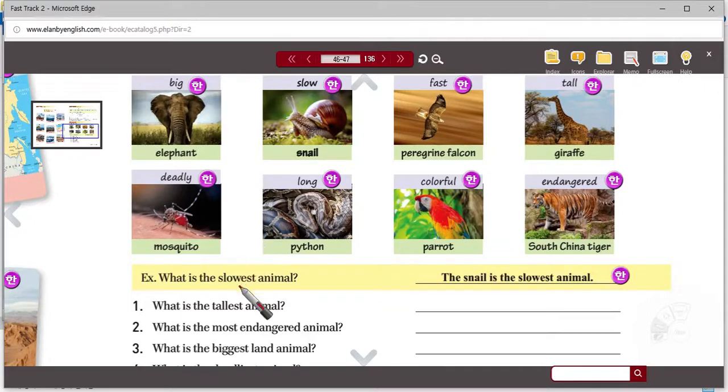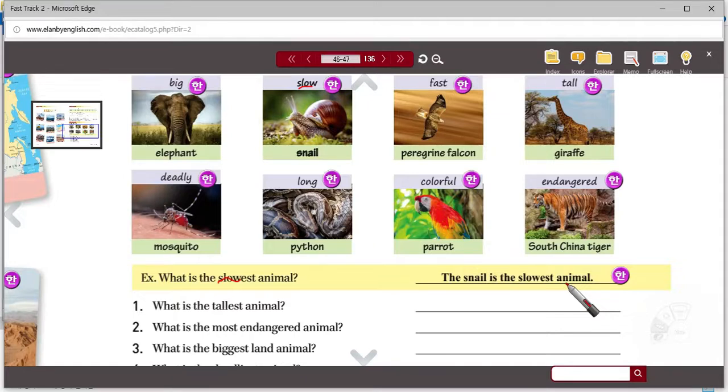Okay, and you're looking at the slowest animal in the world, I guess. Okay. So when you think of slowest animals, you can find the adjective form. So slowest from the superlative, slow and slow. And there's the answer, snail. So the snail is the slowest animal.